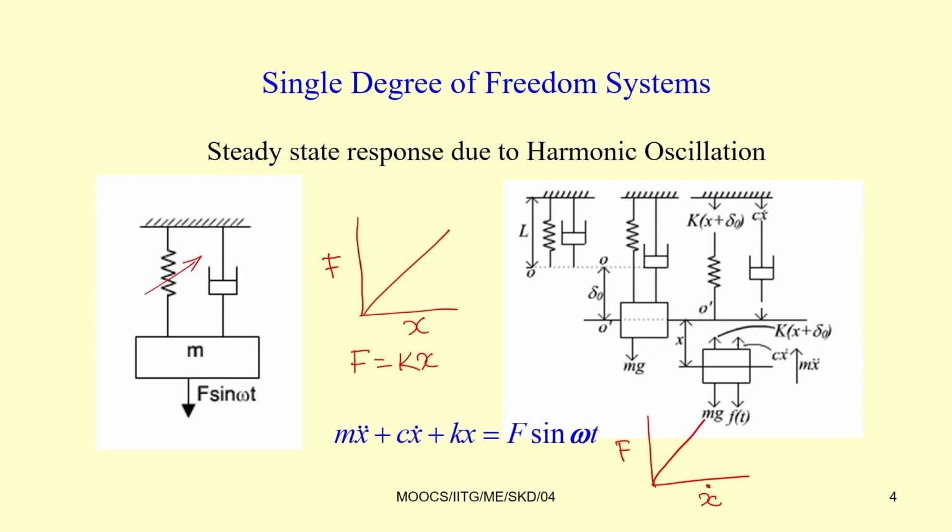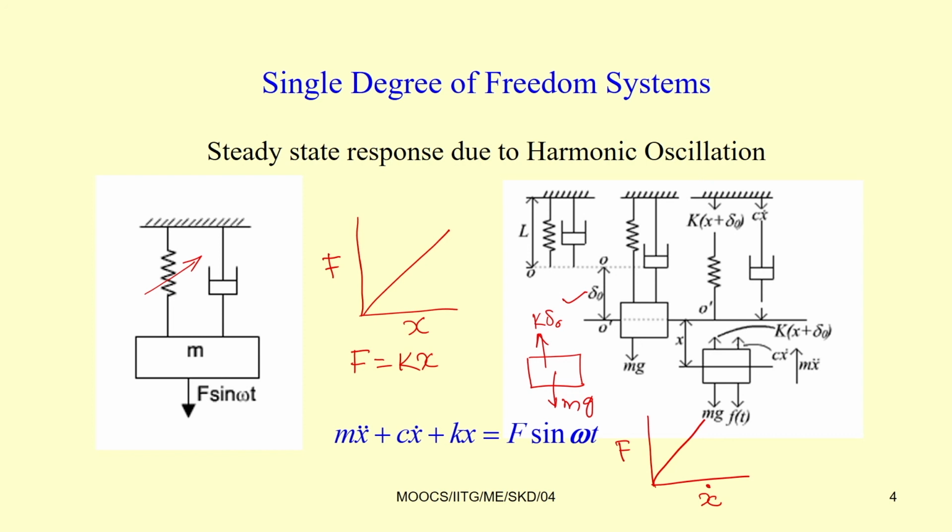Now by attaching the mass, there will be a displacement of delta 0, and it has come to this position. If you draw the free body diagram at this position, the weight mg is acting, and the spring force is k delta 0. As there is no velocity, the damping force C delta 0 dot equal to 0. So mg will be equal to k delta 0.